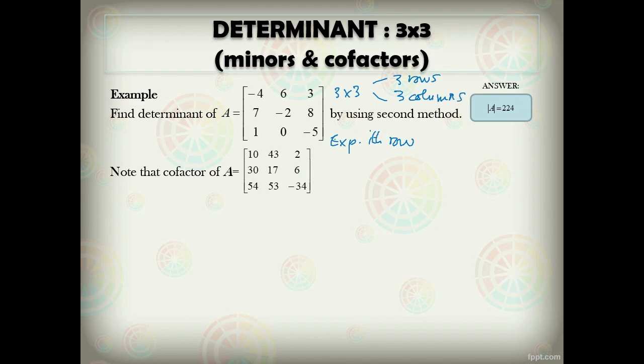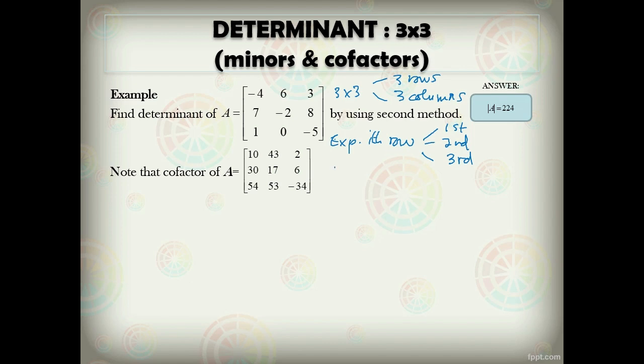Okay, so if we choose to expand the ith row, we can choose either the first row, second row, or third row. It doesn't matter which row. You should get 224 for the determinant.